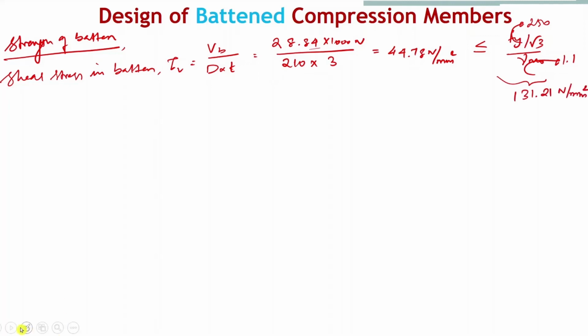So since our shear stress on the batten due to applied load is only 44.78, which is well less than maximum permissible, the chosen batten is safe in shear because the shear stress due to applied load is less than the maximum permissible shear stress.